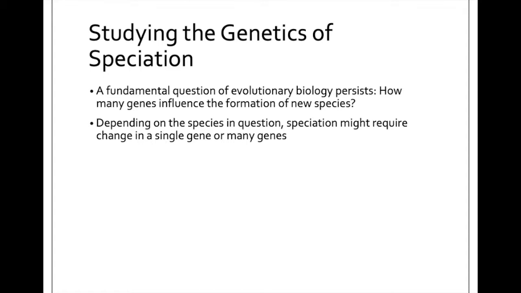The other kind of question is, well, how many mutations, right? How many genetic changes does it take between one species to the next? And again, it depends. Sometimes a single mutation, right, a single event of polyploidy, a doubling of chromosomes, is enough to create an entirely new species, especially in plants.